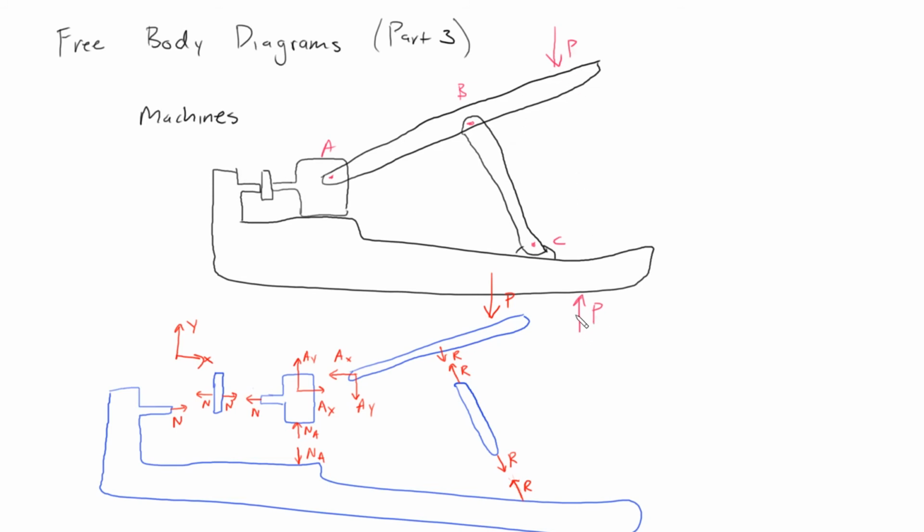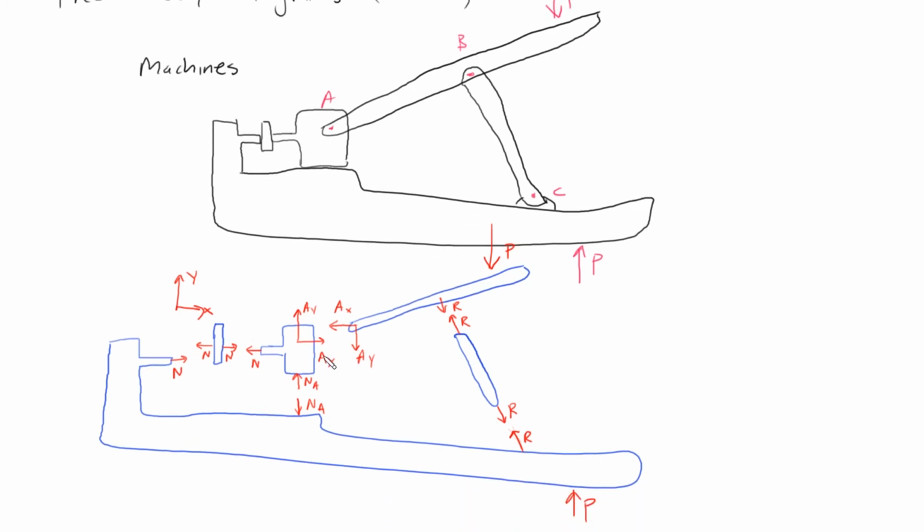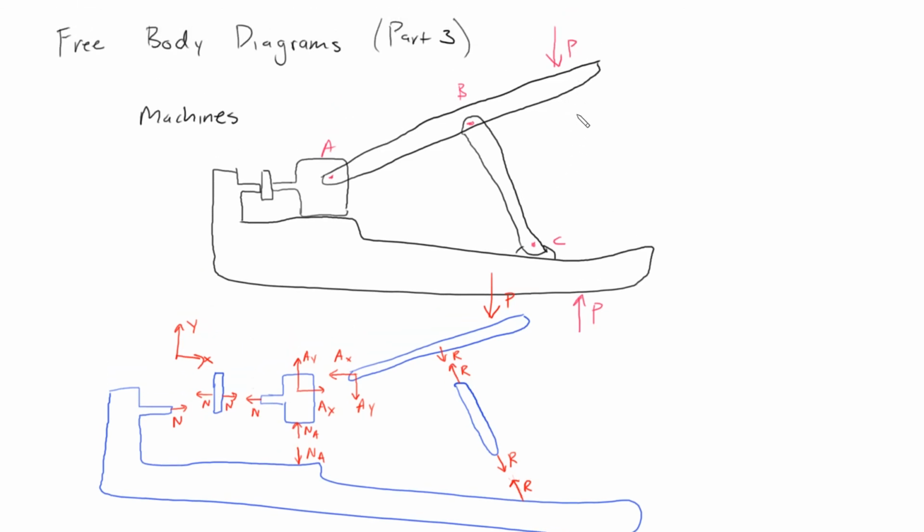These two forces right here, P and P. So if you add up all these vectors, so for example, AX plus this AX would actually cancel, and this AY and this AY will actually cancel. So when you do that to all these other reaction forces, what you'll get is these two remaining forces, P, being applied at the handles, and it should look something like this. And that's just a way to recognize that you did this correctly, or you exploded this machine correctly.